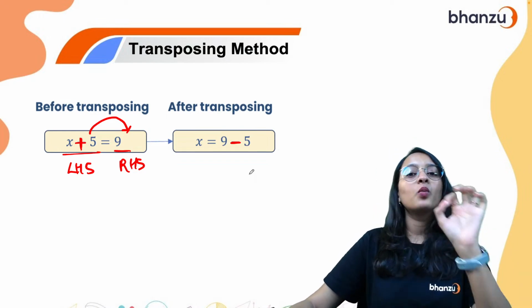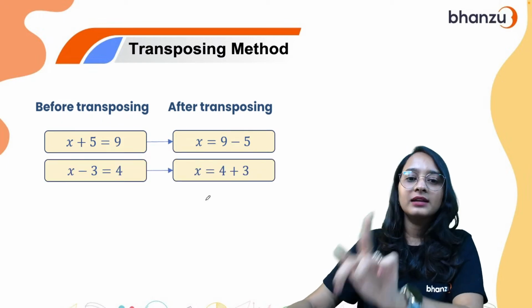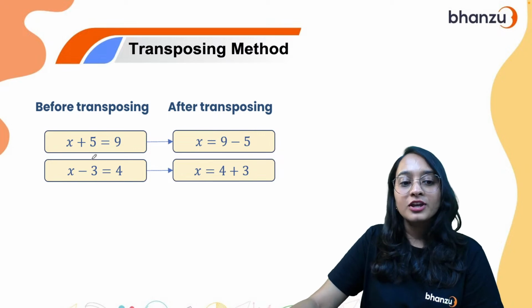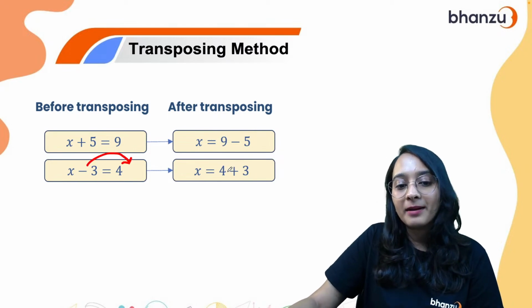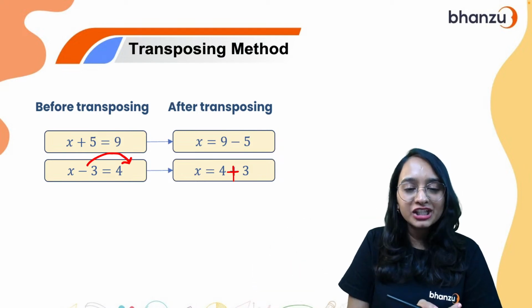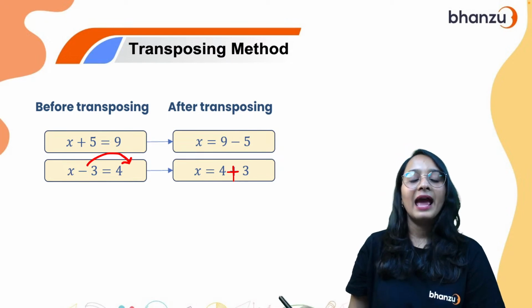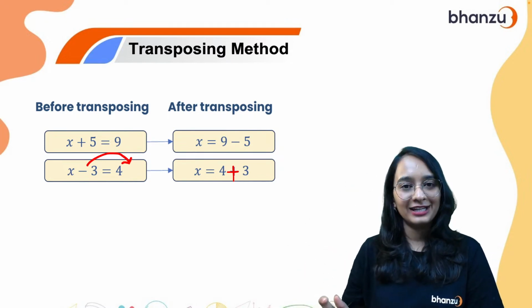Your plus will become minus and your minus will become plus. Another equation, x minus 3 equals 4. So I am sending minus 3 to the other side, it will become plus 3. So your addition, when you shift to the other side, will become subtraction. And your subtraction, when you shift to the other side, will become addition.